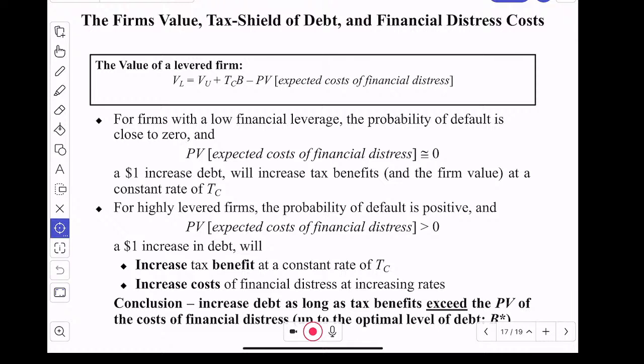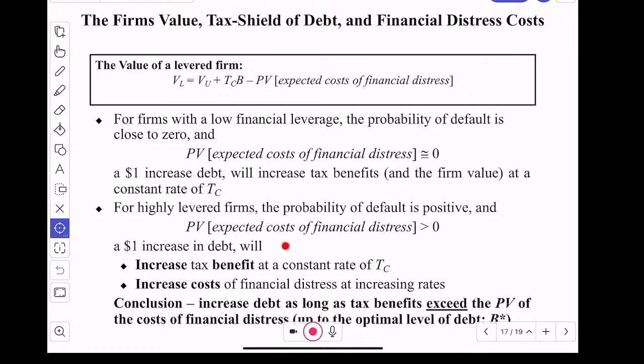For firms with a low financial leverage, the probability of default is close to zero. So this amount that we would have to adjust for would just be zero, and we're back to looking at the benefit of debt, right? But what if a firm is highly levered? At some point, this will kick in, and this will be positive. So that will take away from the firm value.